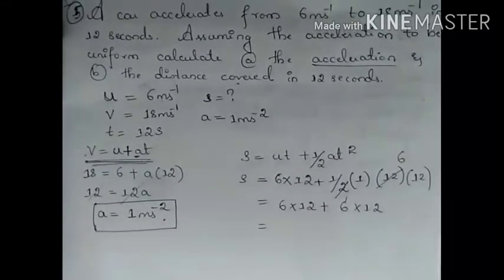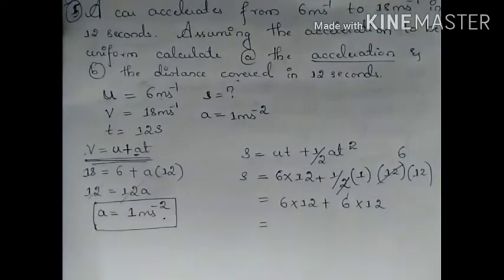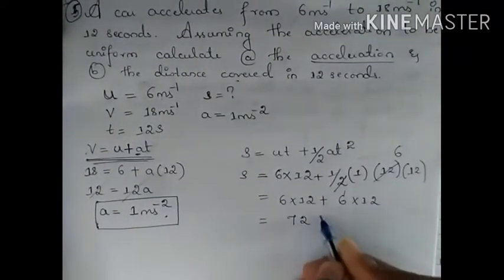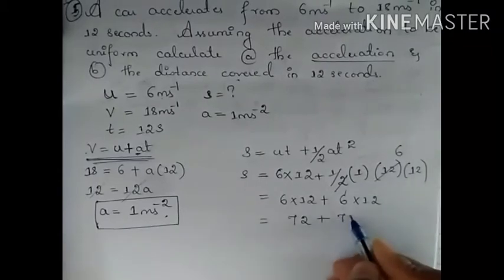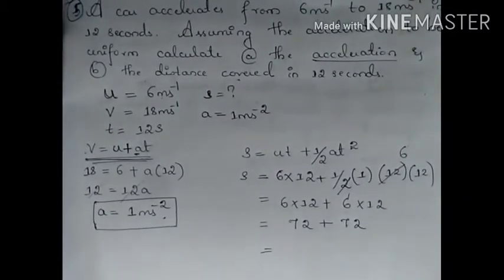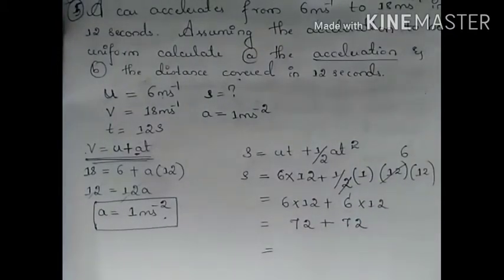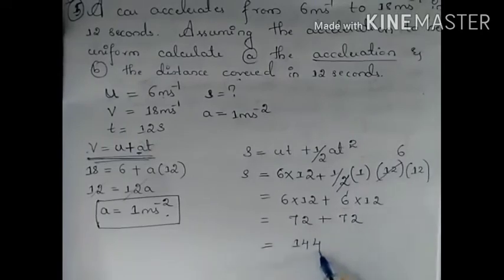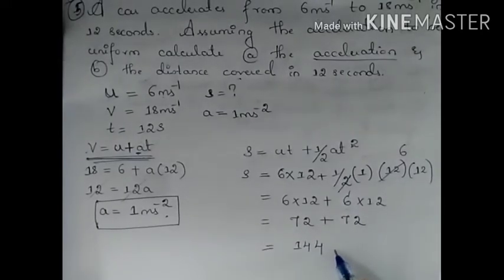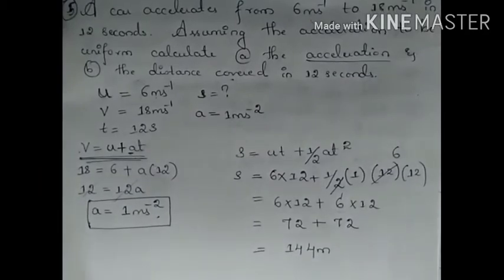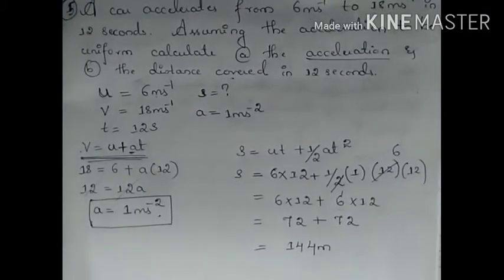So you have two terms. So 6 multiplied by 12 is 72, plus this is again 72. 7 plus 7 is 14, and the rest 2 plus 2 is 4. So 144 is the answer. So 144 meters, because we are calculating the distance here.